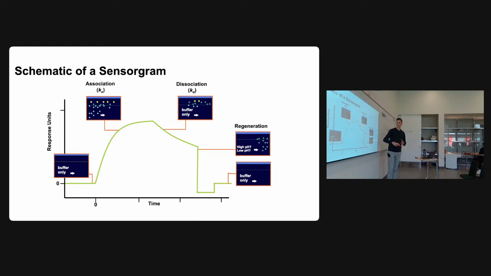You're looking for curvature in this line. Once you have an adequate curve, you stop flowing antigen, or PD-1 in this case, and begin flowing buffer again. Then you can see the PD-1 dissociate from the anti-PD-1, and you get a curve as the antibody loses grip on the PD-1 and it falls off.